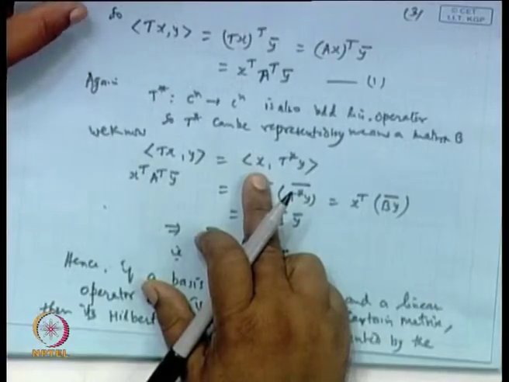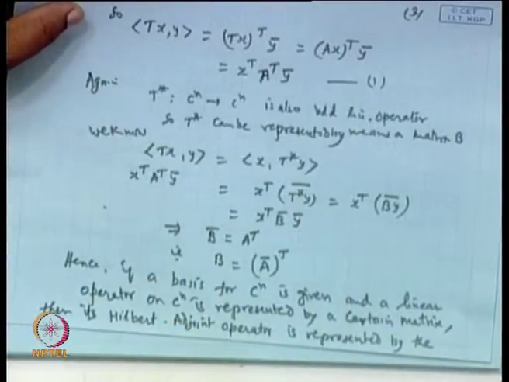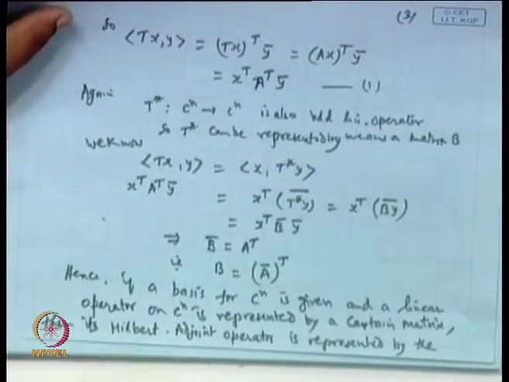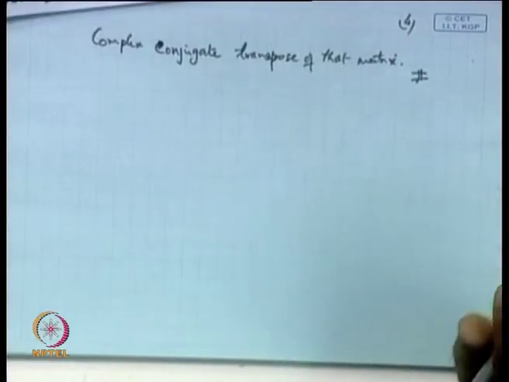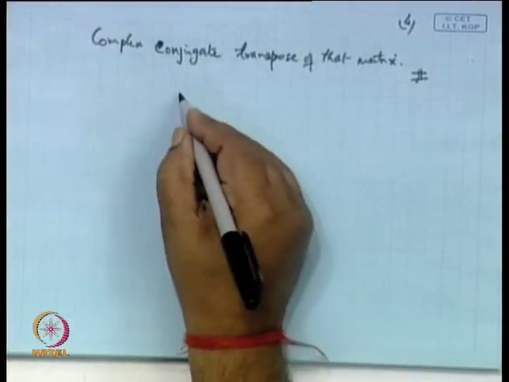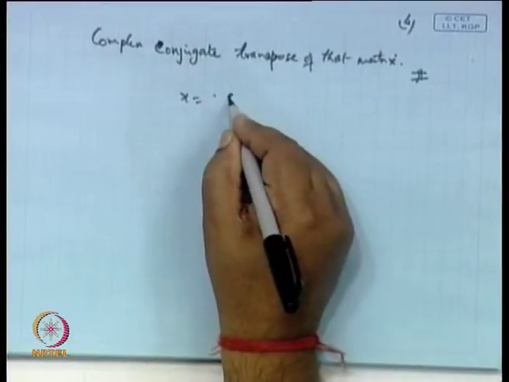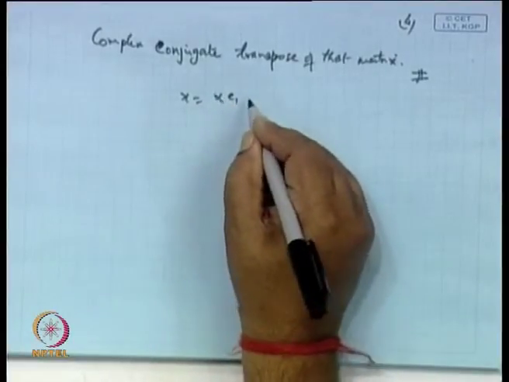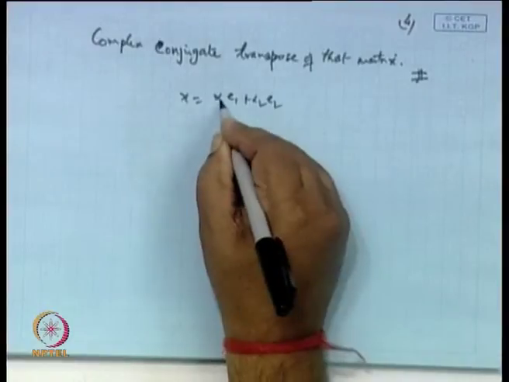No, it's not. X itself is represented. When you say x equals (xi1, xi2, ..., xin), it means x is represented in terms of the basis elements. Suppose I take any vector, it will be represented as x equals alpha 1 E1 plus alpha 2 E2 plus ... plus alpha n En.